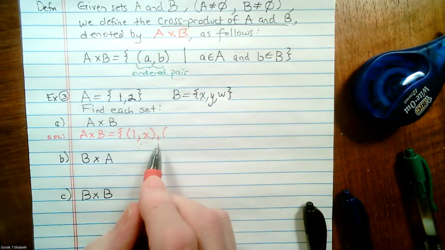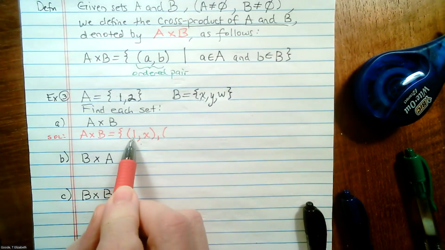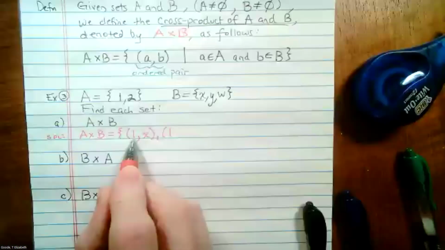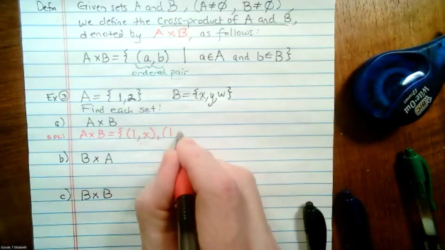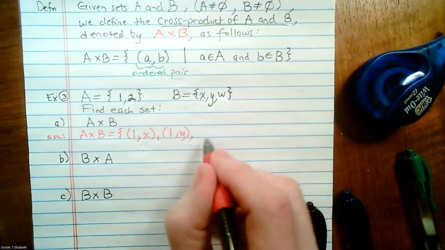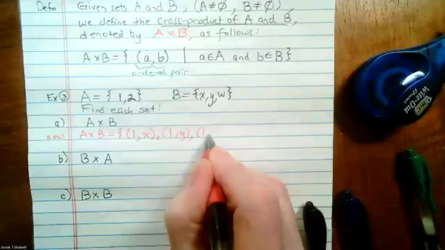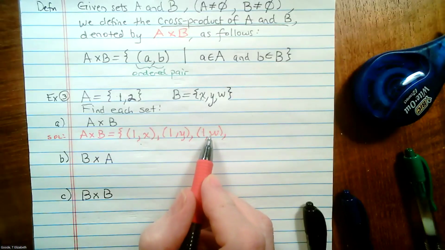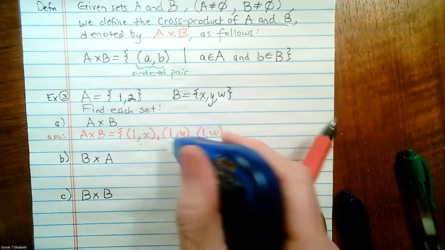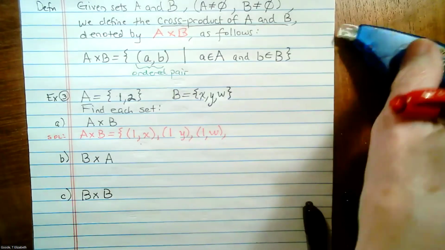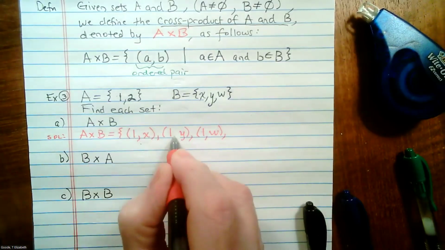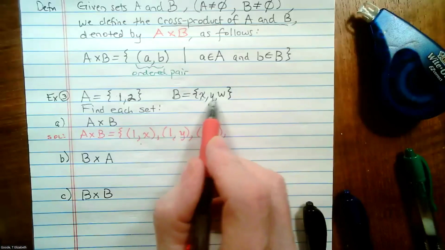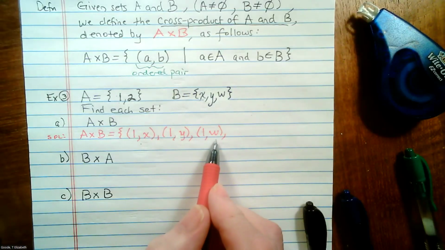Can we build any other elements using the element 1 as the first coordinate? We could do 1 comma Y. Yeah, exactly. Keep going. And 1 comma W. Perfect. Now, that exhausts all the different possibilities using the element 1 from A, because we've mixed and matched it with every possibility from B. Do you see that? Yes.